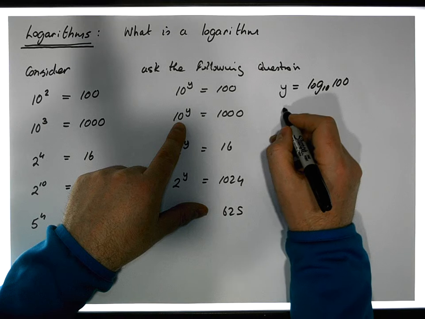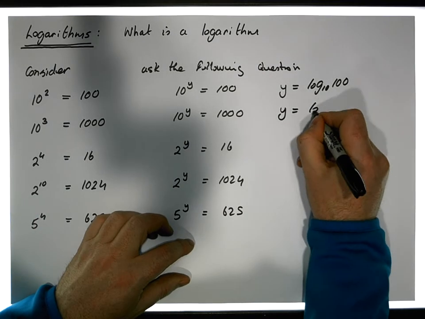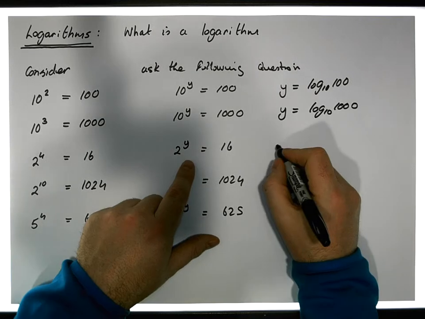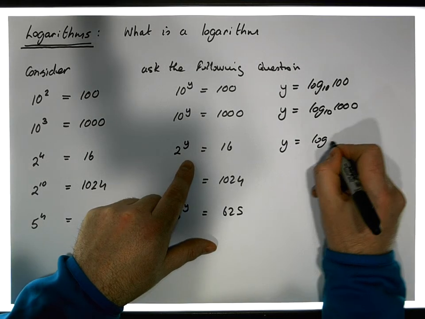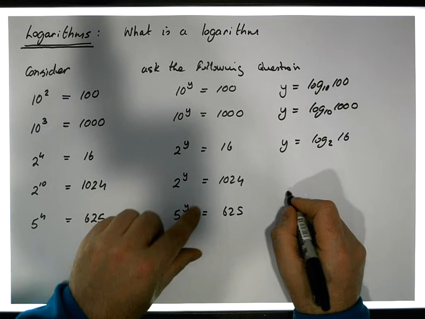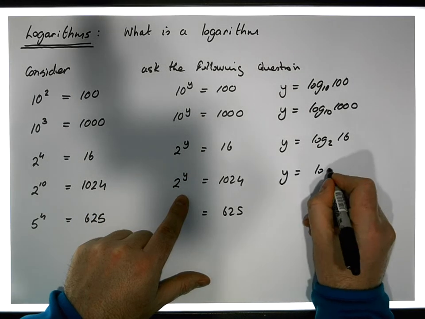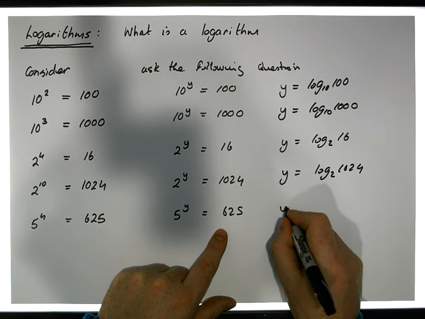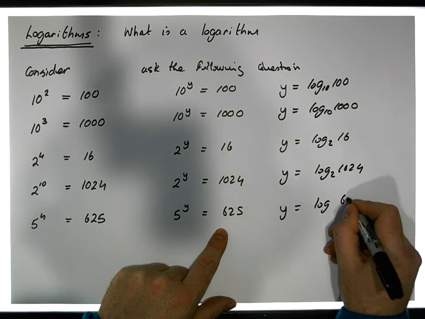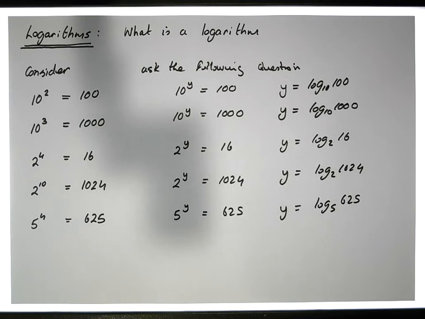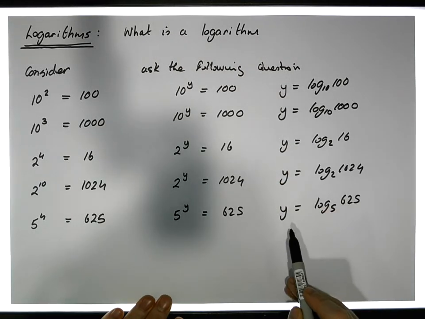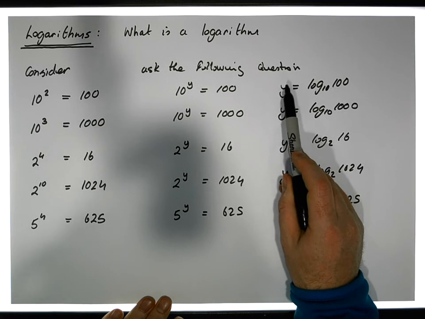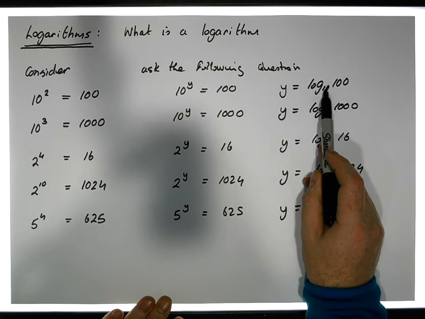In this case, we're saying y is equal to the log of 1000 to the base 10. In this case, y would be equal to the log of 16 to the base 2. In this case, y would be equal to the log of 1024 to the base 2. And in this case, y, by definition, is the log of 625 to the base 5. Now, these have specific values. This is what the y represents: what power we should raise 10 to in order to achieve 100.